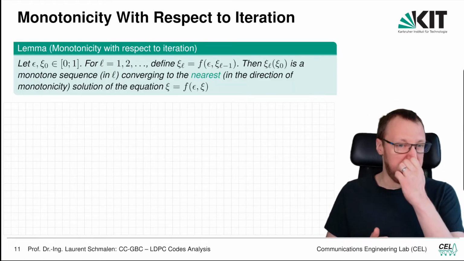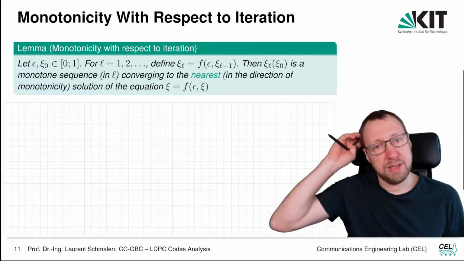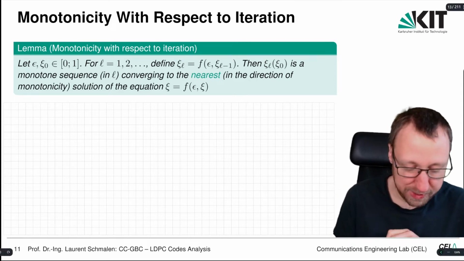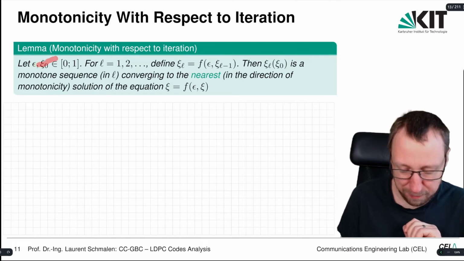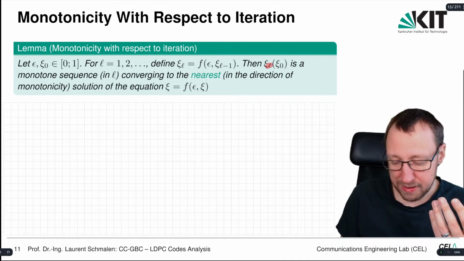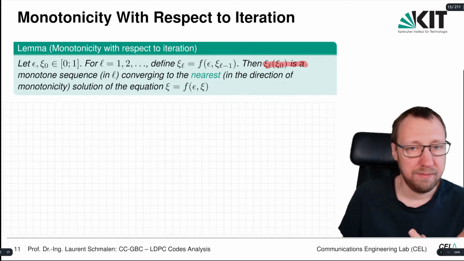Then we're looking at the monotonicity with respect to the iteration, which is the more interesting part, because what we say now is we start with some epsilon and some xi0, and we have our update equation. So now we have this sequence xl, which is a monotonic sequence.